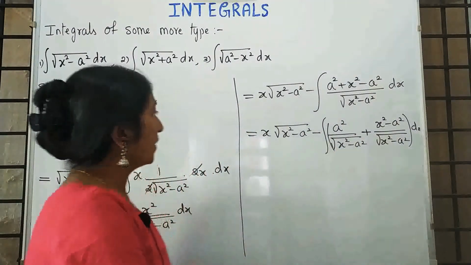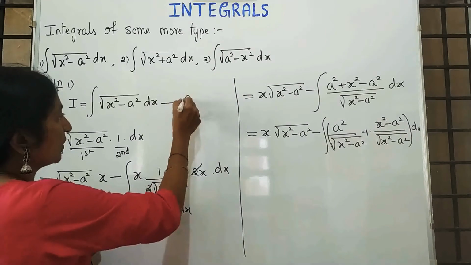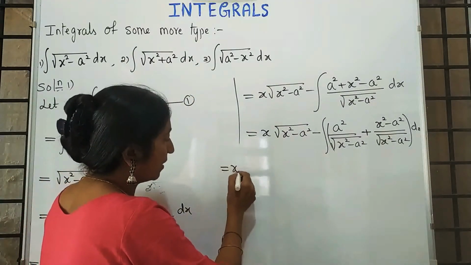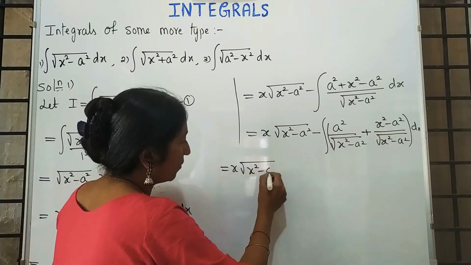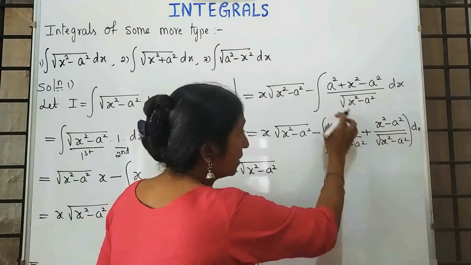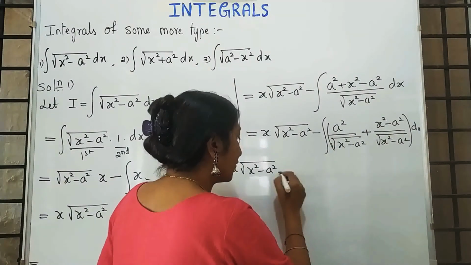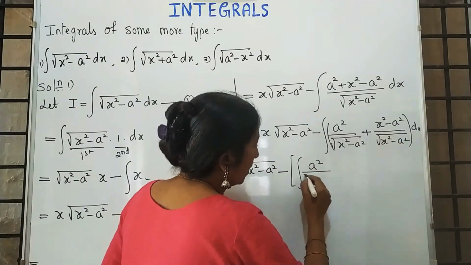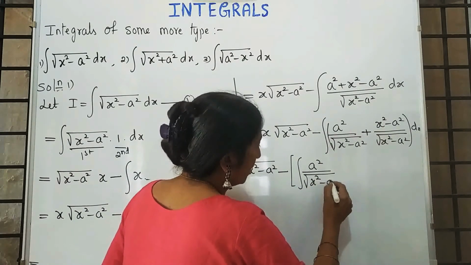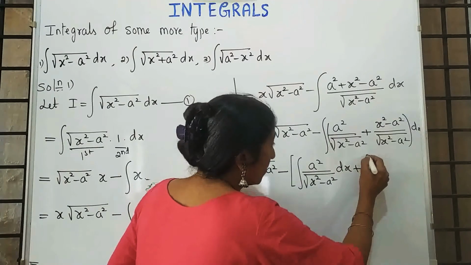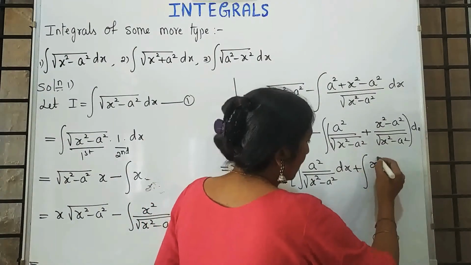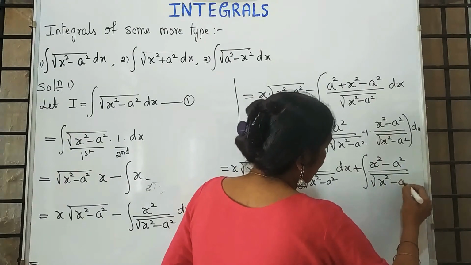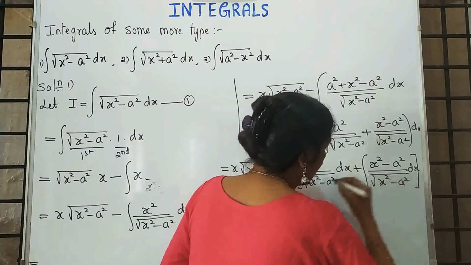After taking the denominator separately, this is equation 1, I. It is x into root of x square minus a square. Take minus and integration separately. Otherwise, first write down integration separately: integration of a square upon root of x square minus a square into dx plus x square minus a square upon root of x square minus a square into dx.